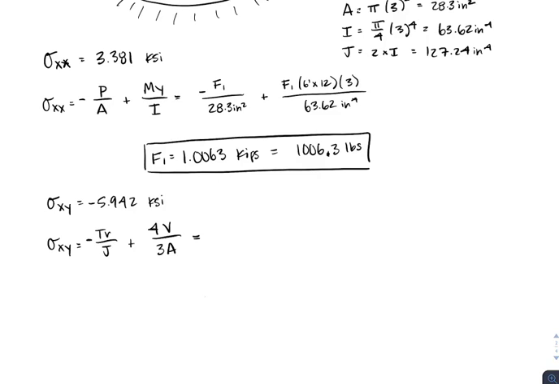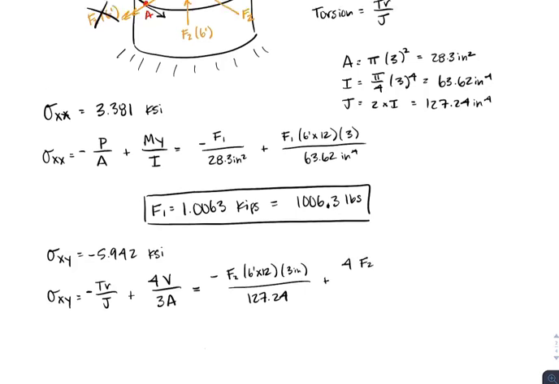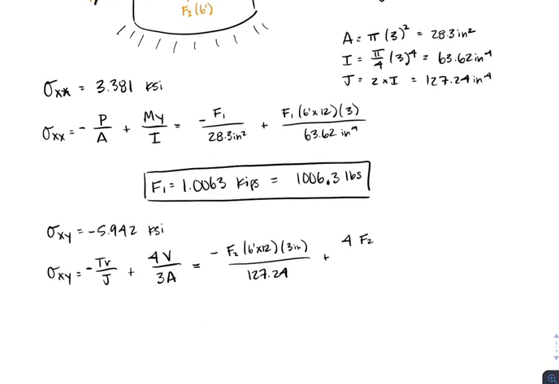So let's plug in the values. We have a negative, and then our torque is going to be equal to F2 times 6 feet, which we'll get into inches, and then times our radius, which is 3 inches, over J, which is 127.24, plus 4 times F2, which is our shear force, all over 3 times our area, which is 28.3.